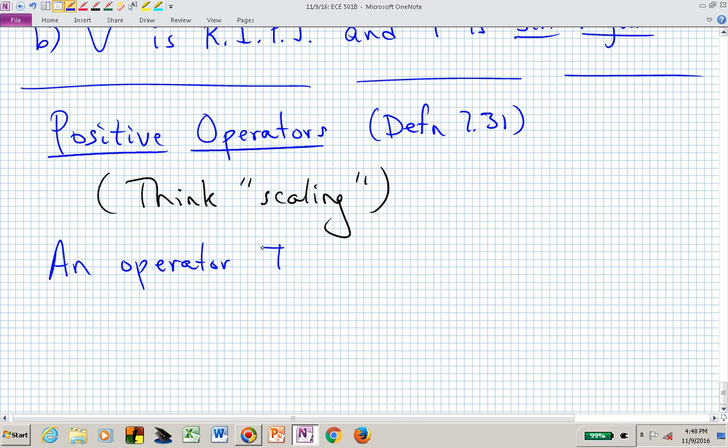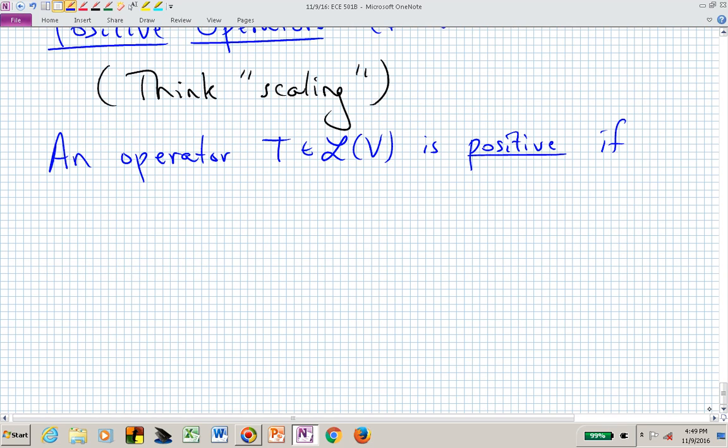An operator T, a linear operator on a vector space V, is positive under two conditions.